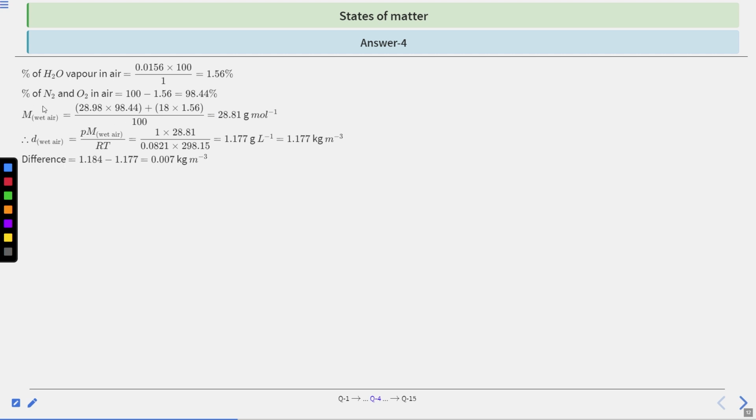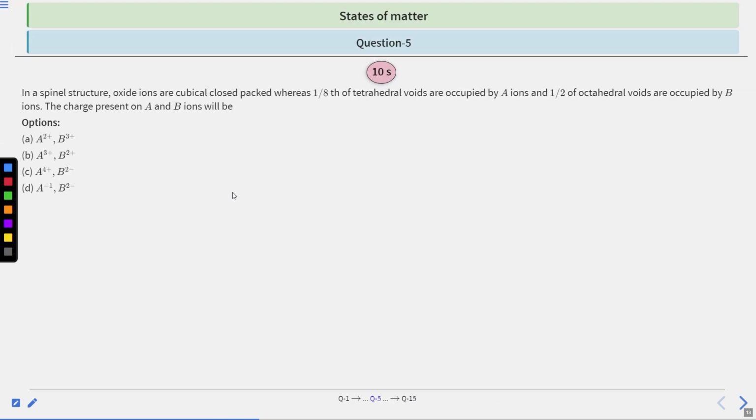Now the molar mass for wet air, applying the same formula and putting the values, we get as 28.81 gram per mole, and therefore the density for wet air on calculating is 1.177 kilogram per meter cube. The difference will be 1.184 minus 1.177, that is density of dry air minus density of wet air, which comes out as 0.007 kilogram per meter cube. So this is the answer of this question.